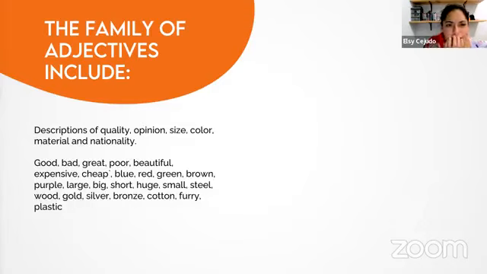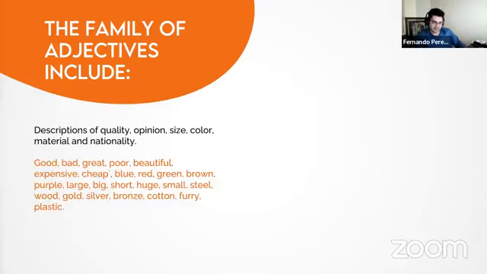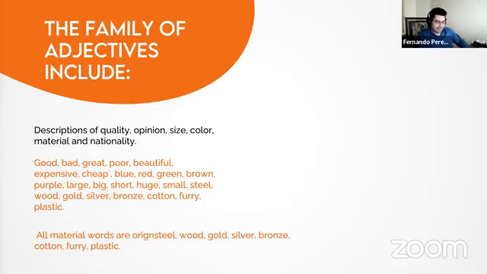Can plastic also be a noun? Excellent question. That's precisely the next point. Because if you take all of these, they're technically adjectives, but you can say my brown, big, short, small, steel, this one. All material words are originally nouns.